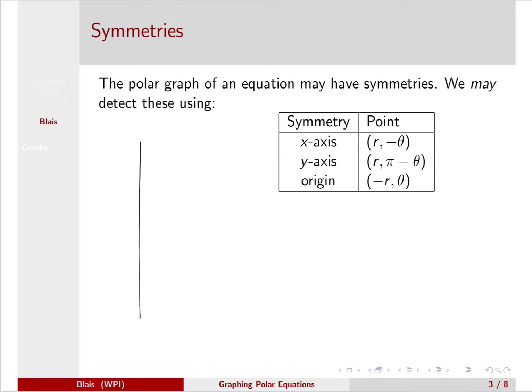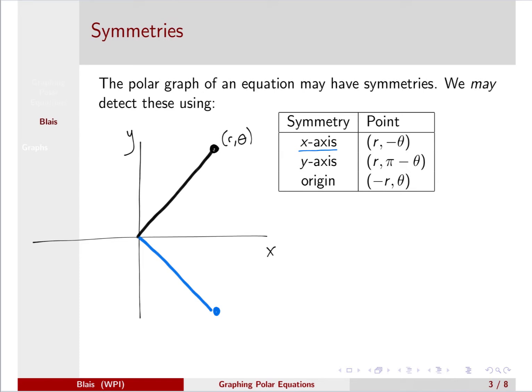So recall, we had said if you have a point r theta in the xy plane, and you want to try to detect x-axis symmetry, then that amounted to reflecting our point about the x-axis and noting that this line segment connecting the pole, the origin, to our reflection about the x-axis can be written with the same length r, but the difference comes in the theta.